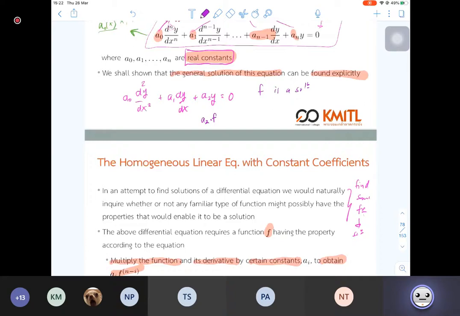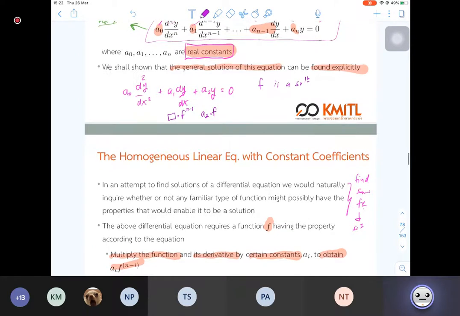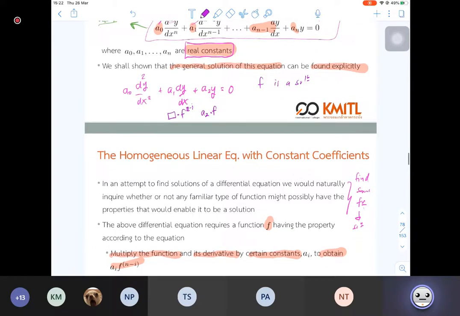I would have some constant times the function f with n minus 1, so it's going to be 2 minus 1. So it's going to be the first derivative of f. Okay. And here would be some constant times the second derivative of f, right?